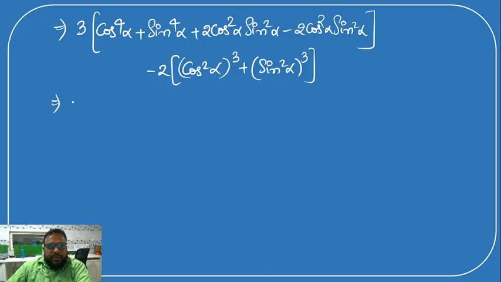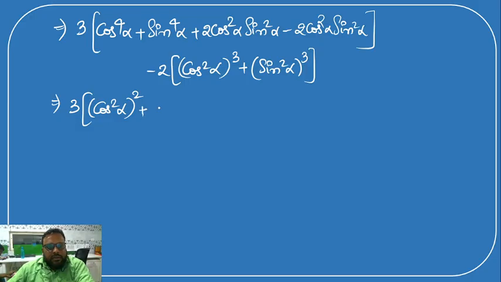Okay. So here 3 into, you can see that cos to the power of 4 alpha, I can write as cos square alpha whole square.